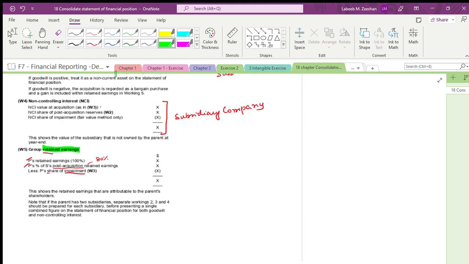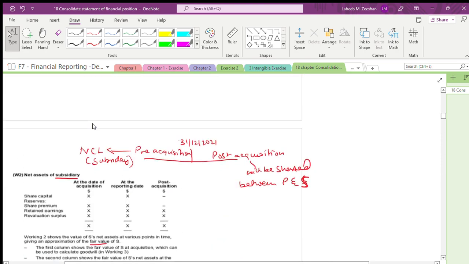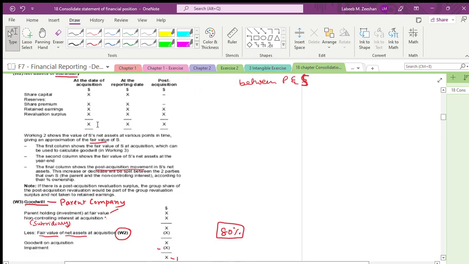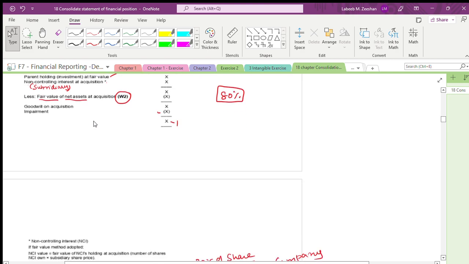The first working is the percentage of acquisition. The second working is the net assets of the subsidiary. The third working is the goodwill. The fourth working is the share of non-controlling interest, and the fifth one is the group retained profits.